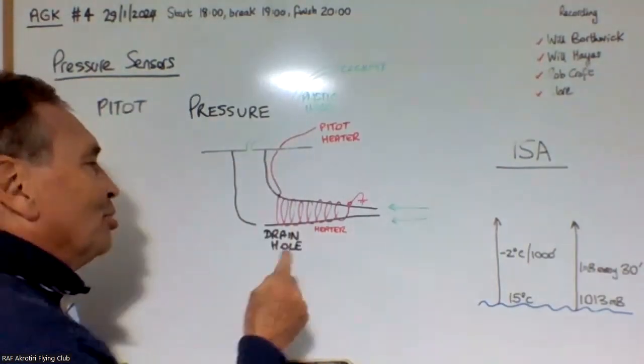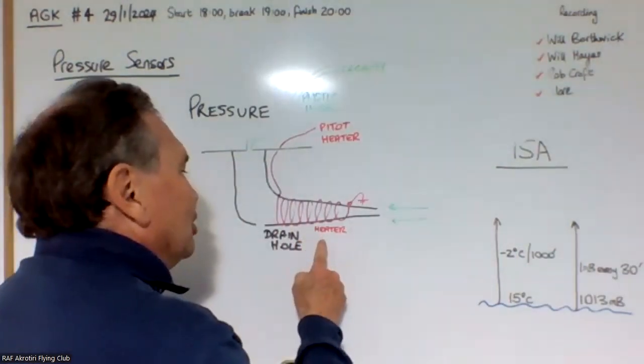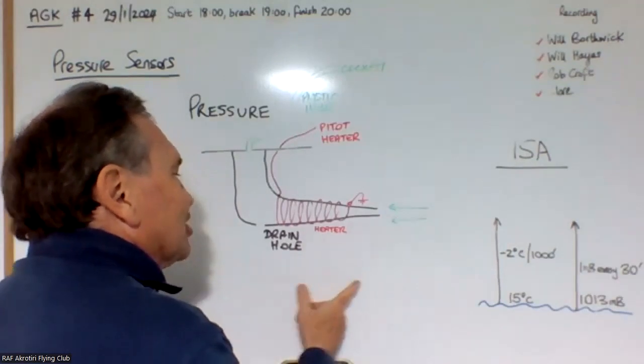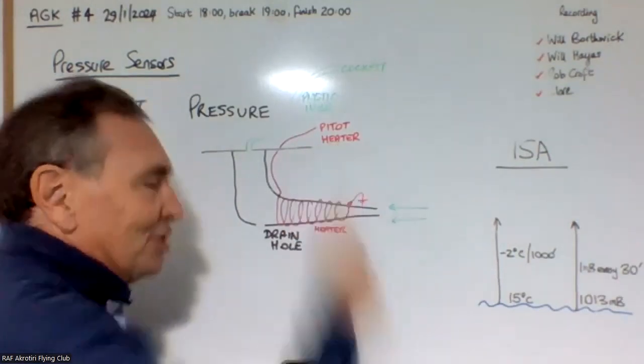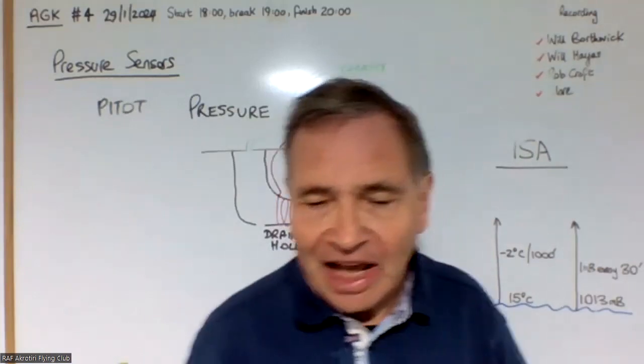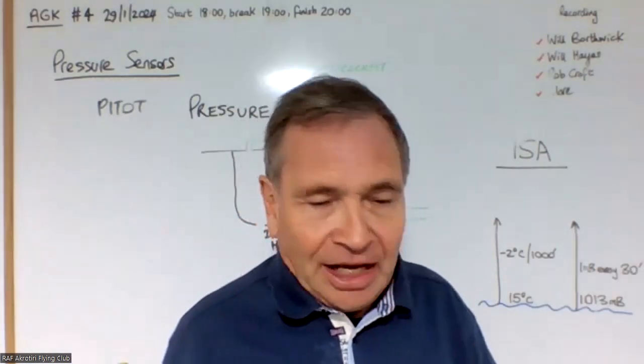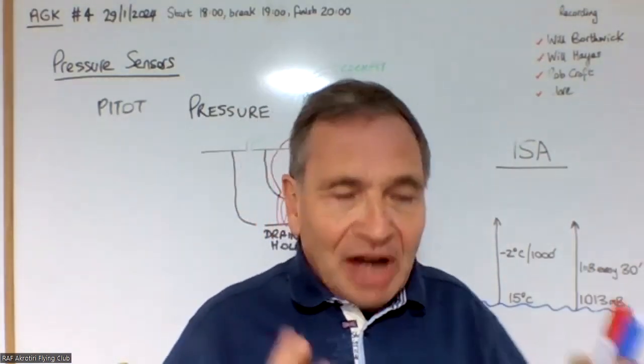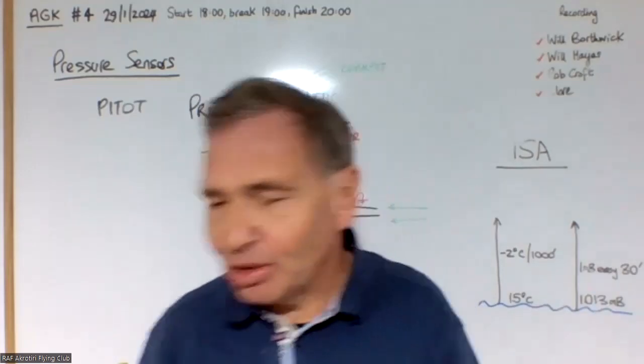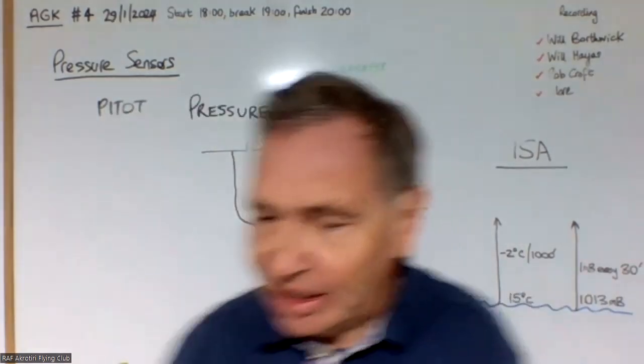I mean, for example, if in your pre-flight checks you turn on the pitot heater and you have to go out and check to make sure the pitot heater system is working.